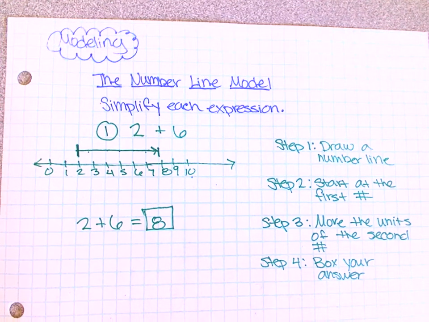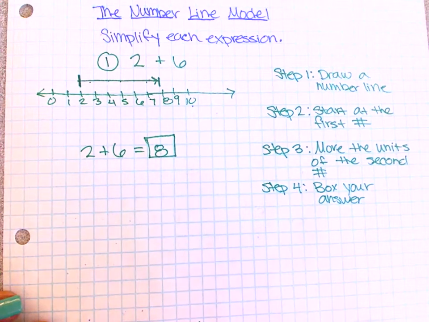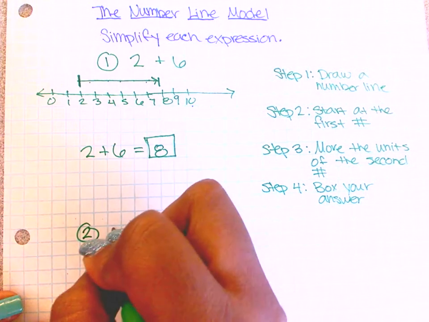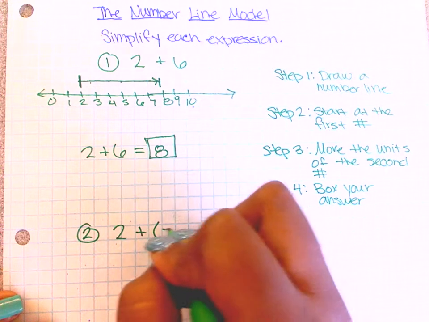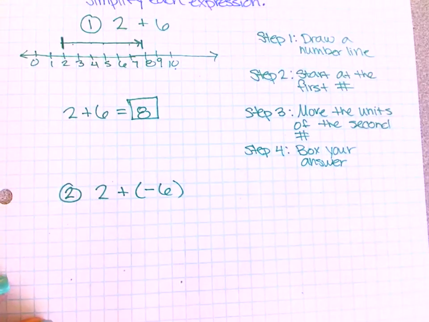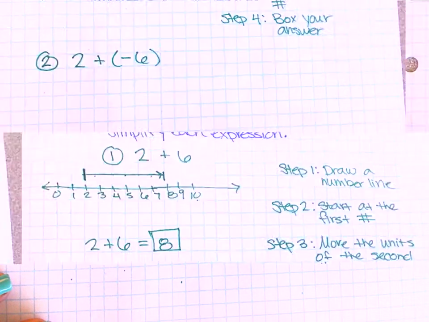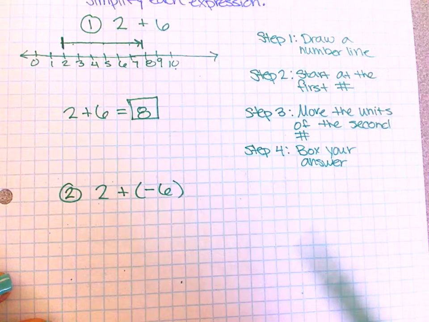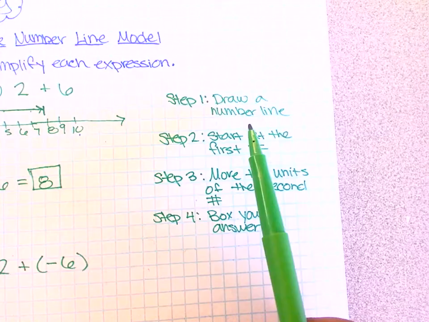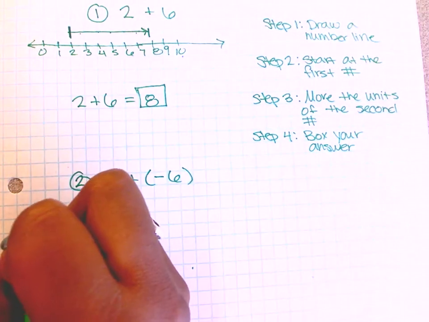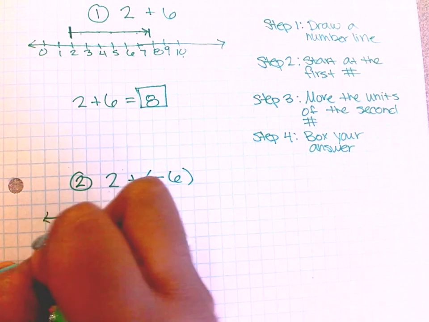Okay. Here we go with number 2. 2 plus negative 6. So my step 1 is what? Draw a number line. Okay, so I know that I'm going to draw my number line again. I'm going to give it a little more space this time.